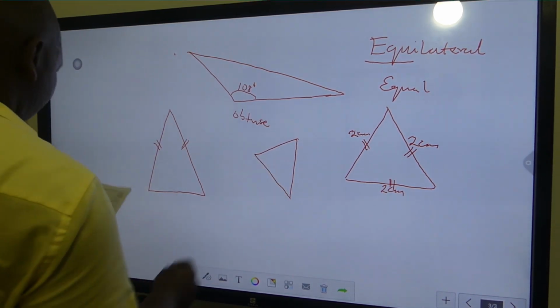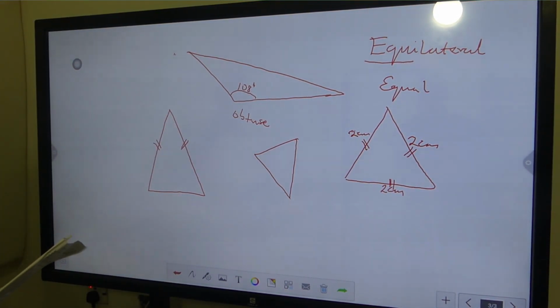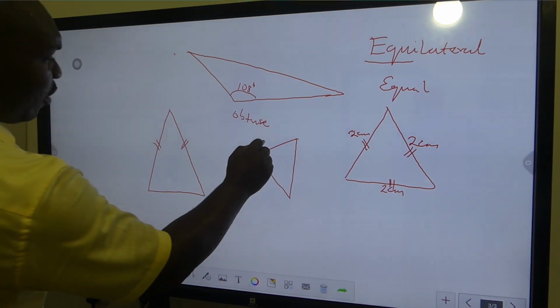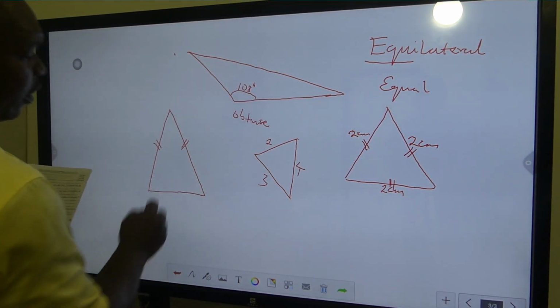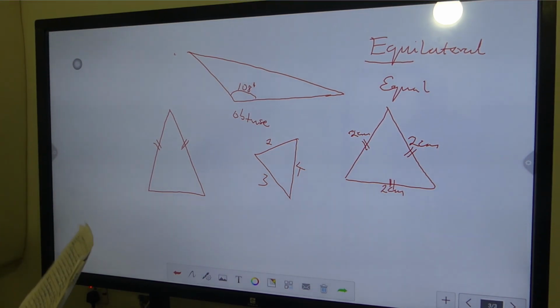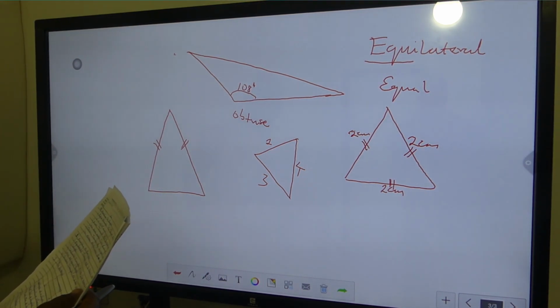So this is a scalene triangle. Here can be 2, here can be 4, here can be 3. So we call it a scalene triangle.